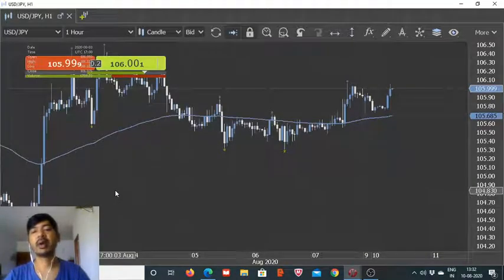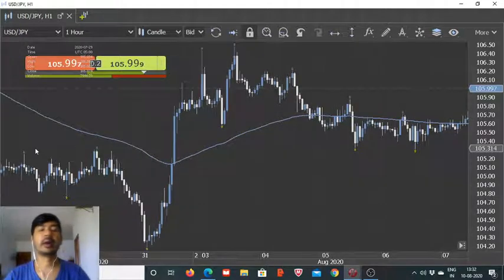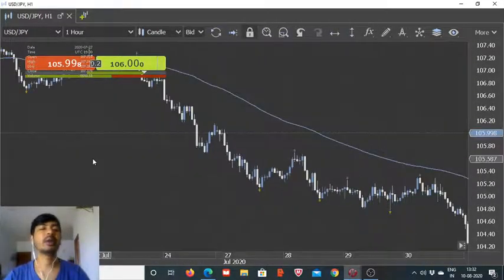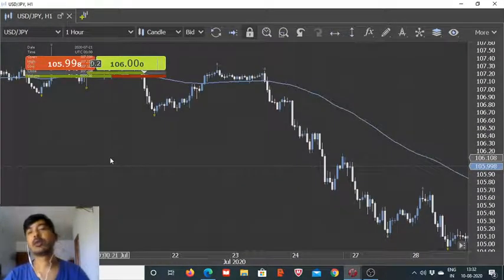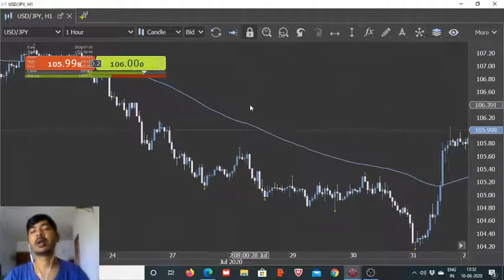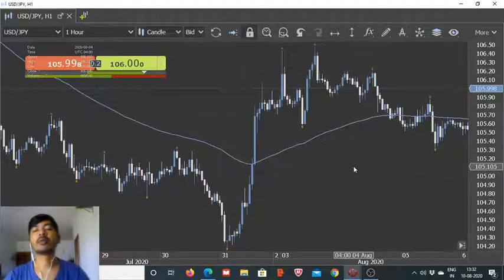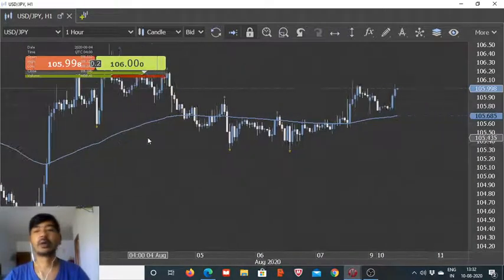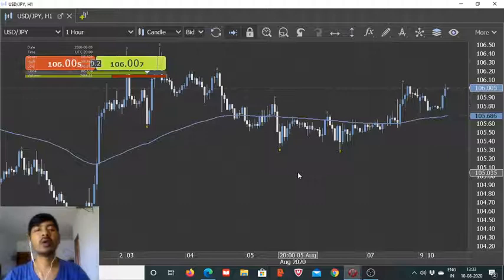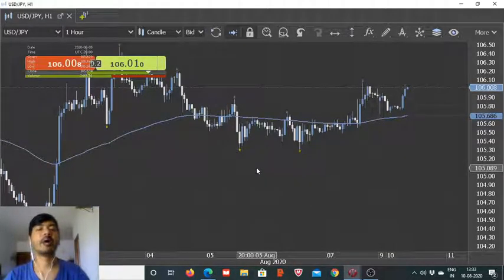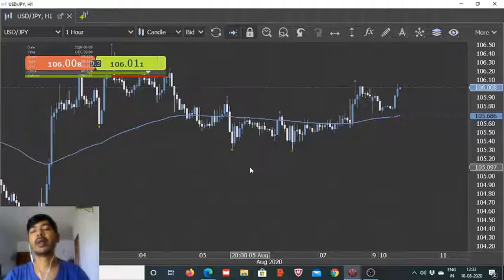And as I said, we have multiple ways in which the SMMA can be used in forms of crossover, in terms of doing comparison analysis, in terms of the analysis of candle action, the price action, whether it is above or below the SMMA.